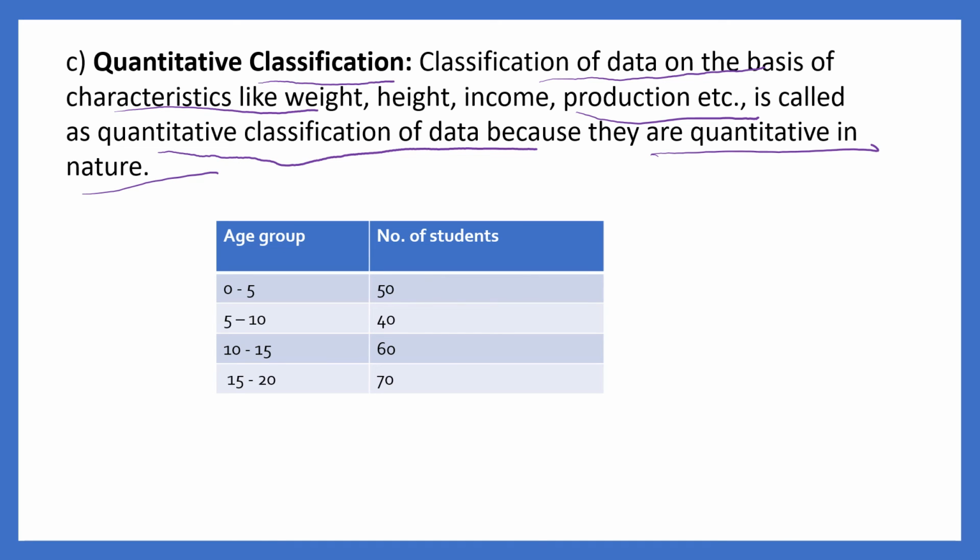For example, age group and number of students. 0 to 5 years, number of students is 50. 0 to 10, the number of students is 40, and 10 to 15, number of students is 60. See here, you can make a classification by considering the quantitative variables.